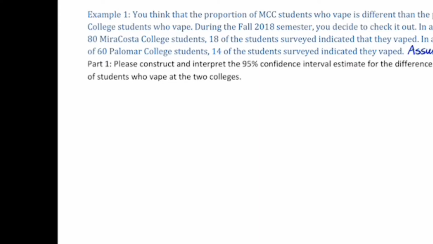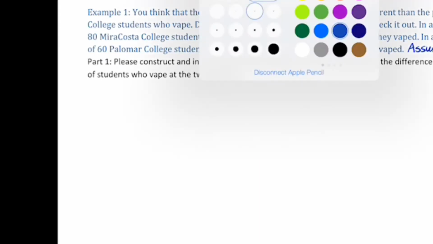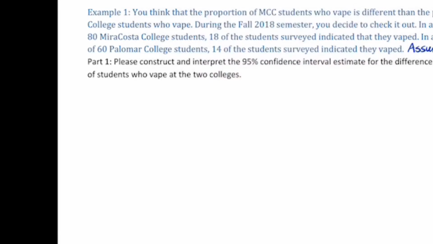So let's make a list. In the pink, I'll represent the first sample, which is the Maricosta College students. Here's the info from Maricosta College. Call this one population 1.